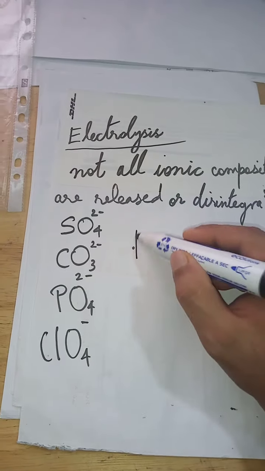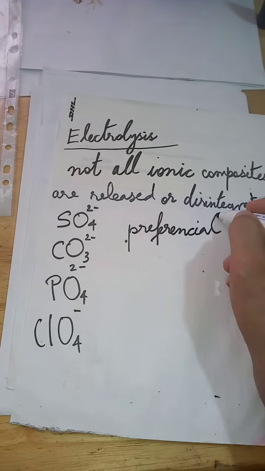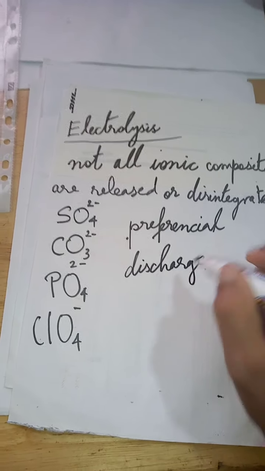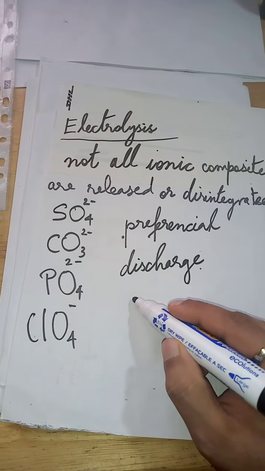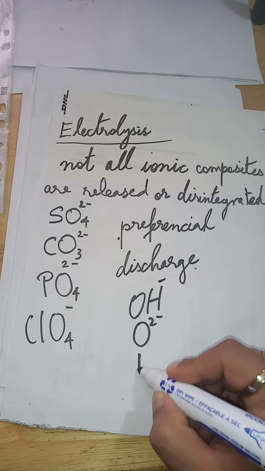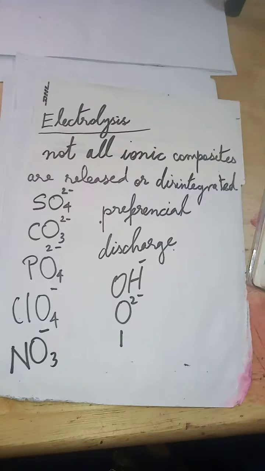So that's called the preferential discharge, where oxygen, where OH, O2 minus, and so nitrate is also one of them that will not be released.